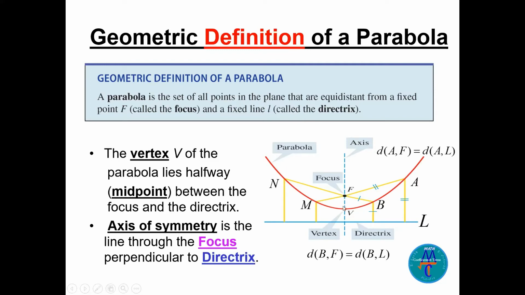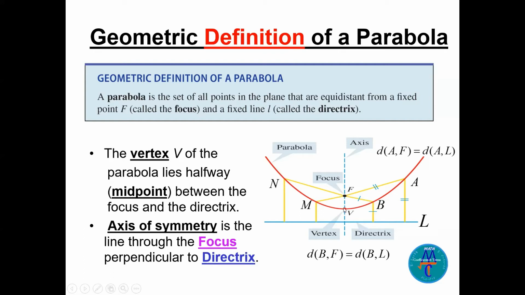Any point on the parabola, A, B, V, M, N, any point on this red graph, the distance from this point, like A, to F equals the distance from A to L. Also, the distance from B to F is the same as the distance from B to L. Same thing for M, same thing for V. So the vertex V is halfway, because V is a point on the parabola.